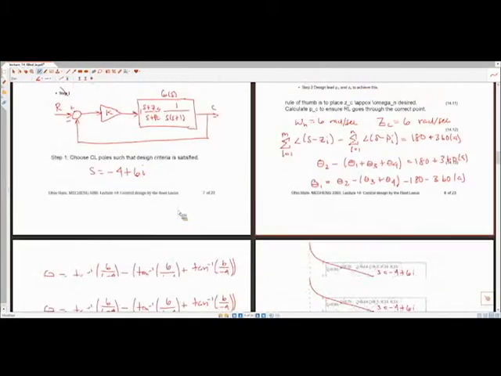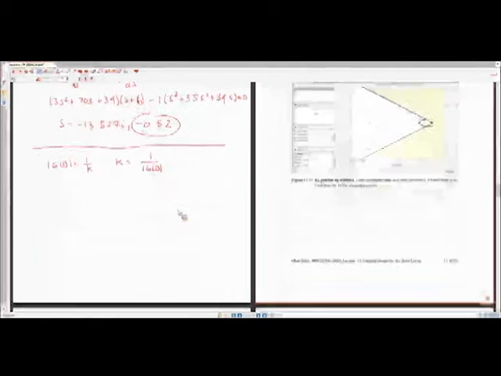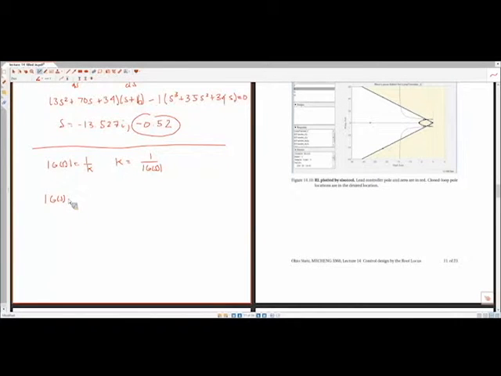So if I calculate the magnitude of g of s, that's going to be equal to the magnitude of the vectors of all the zeros, that was R2, over the magnitude of the product of all the poles, R1, R3, R4.